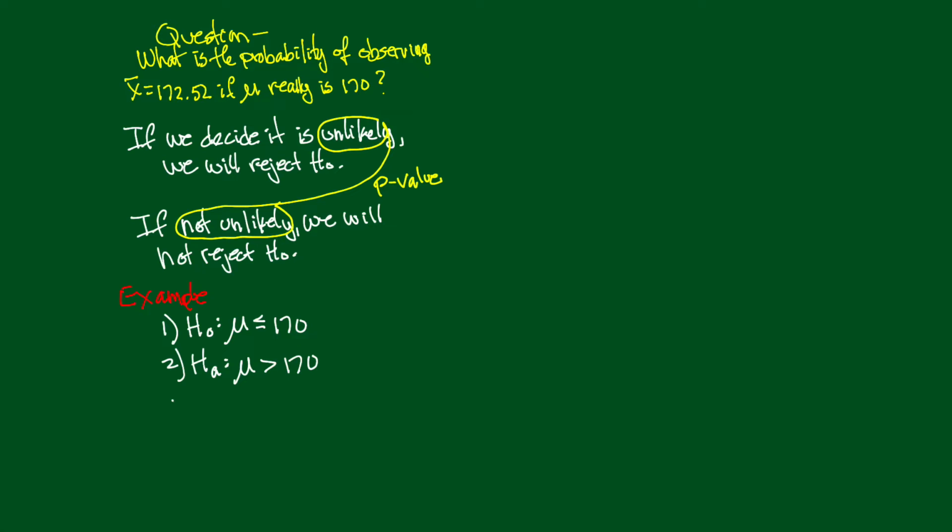And the information that we got was that when we took our sample, X bar was 172.52, S was 10.31. Now, I'm just going to tell you what the p-value is in this case, and we'll see how to get it soon. In this case, the p-value is 0.117. We'll see how to get that shortly.